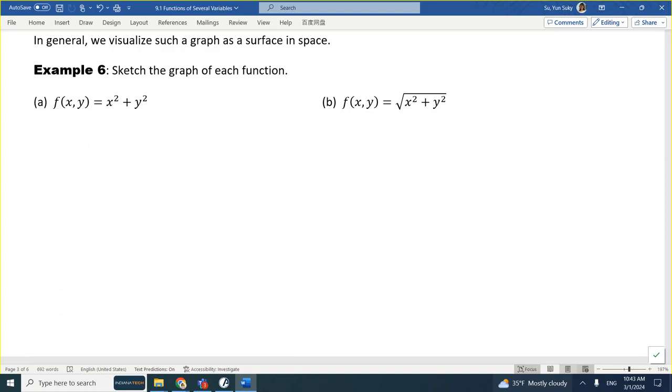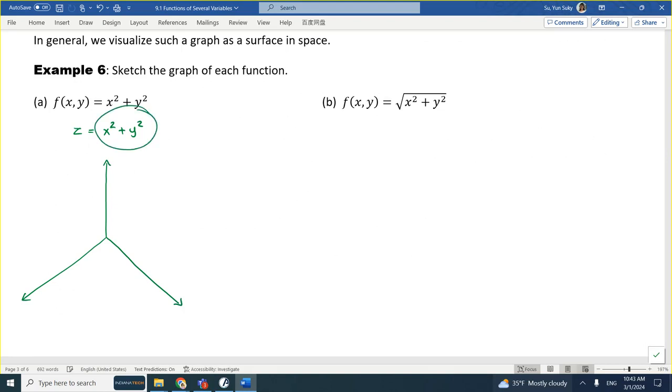Okay, the first one, you get z equals x squared plus y squared. Okay, everybody? So now it needs you to be familiar with some of the basic functions like parabola, circle.